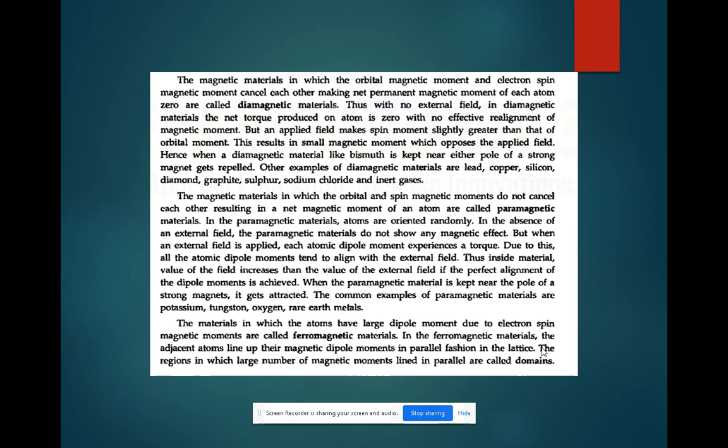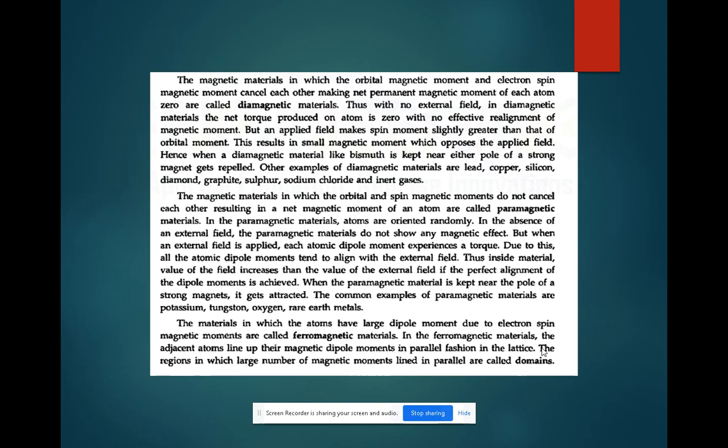So the diamagnetic material gets repelled due to the presence of the field. Examples of diamagnetic materials are lead, copper, silicon, diamond, graphite, sulfur, sodium chloride, and inert gases.